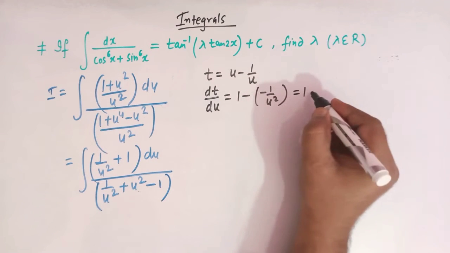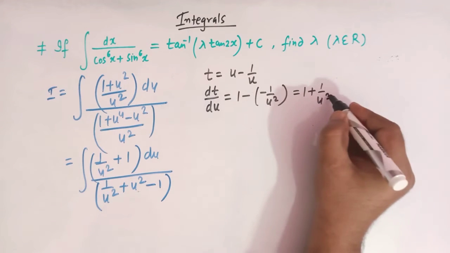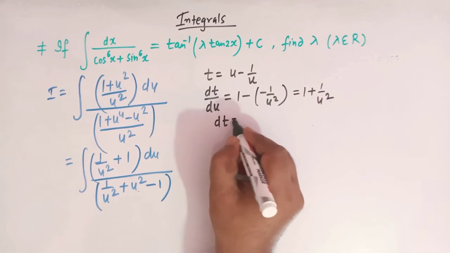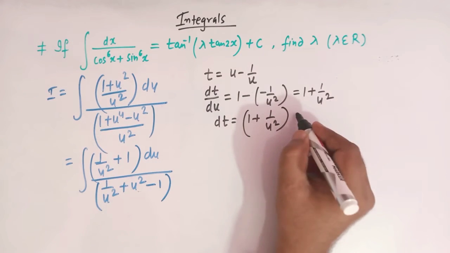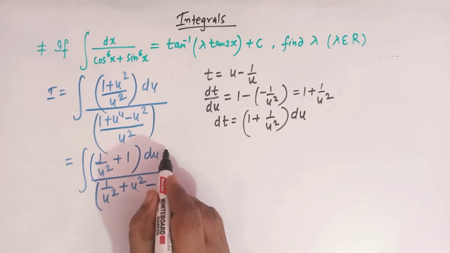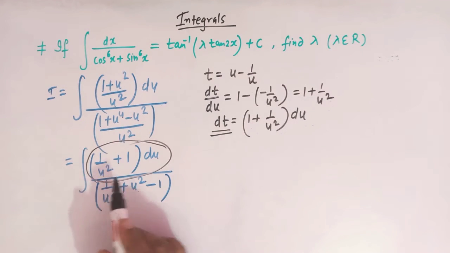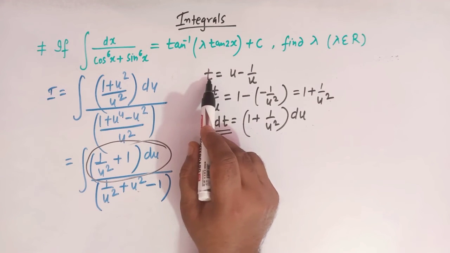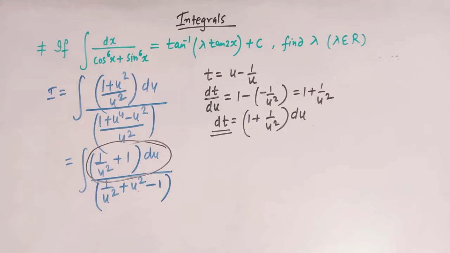So we are left with 1 plus 1 over u square. So now dt can be written as 1 plus 1 over u square, and here we have du. So for this term we can substitute dt. That's why we have taken this substitution, that is t is equal to u minus 1 over u, right?